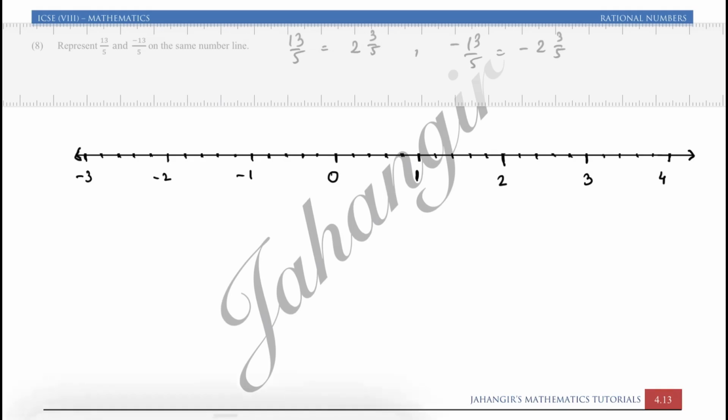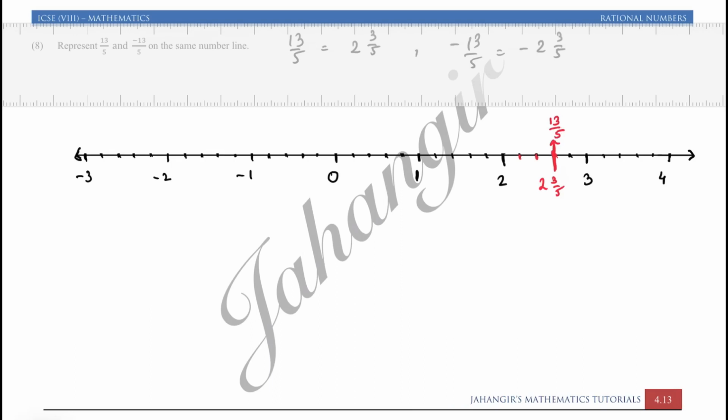Now I want 13 by 5, that is 2, 3 by 5. After 2, this is 1 by 5, 2 by 5, and this part is my 2, 3 by 5, which can be written as 13 by 5.